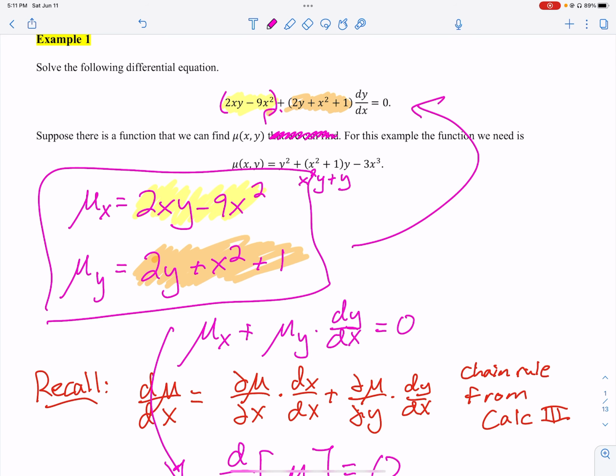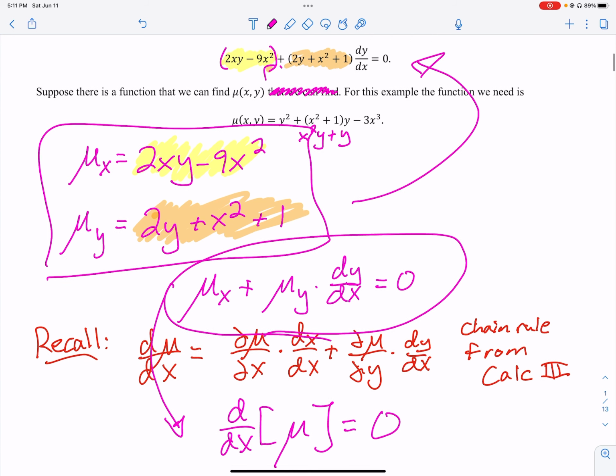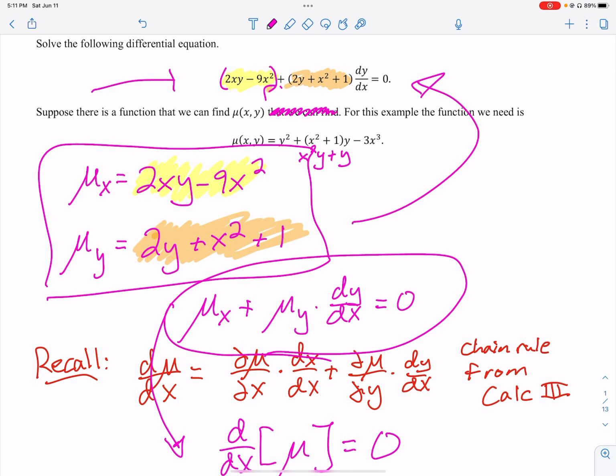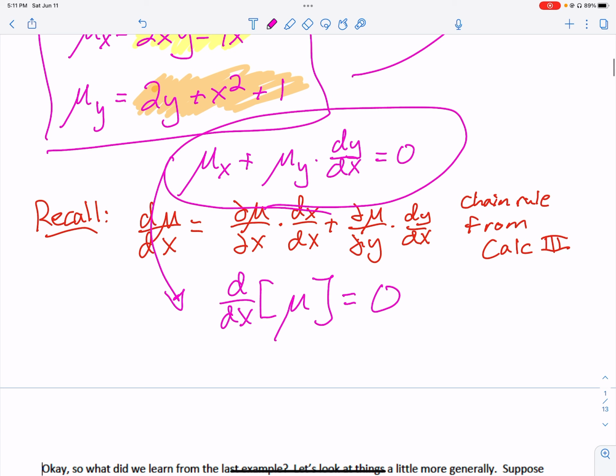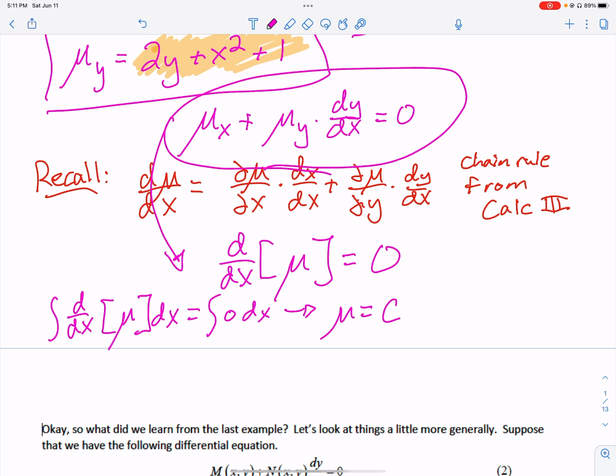And then we said, okay, well, if we think about it a different way and we write it like this, in that format, and that says exactly what we have in this equation here, it's the same thing, then I could use the product rule, what's written in red there, to get that. Well, now if I take the integral of both sides, d dx of mu dx equals the integral of 0 dx. Well, that gets me mu equals c.